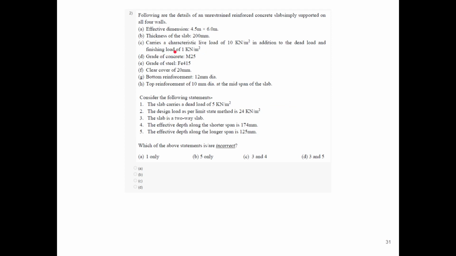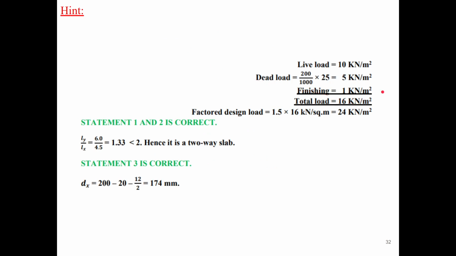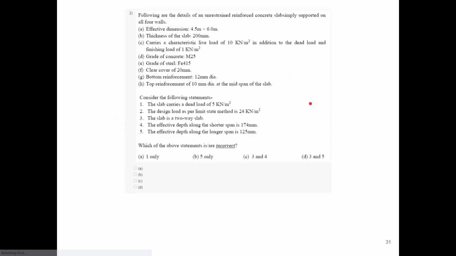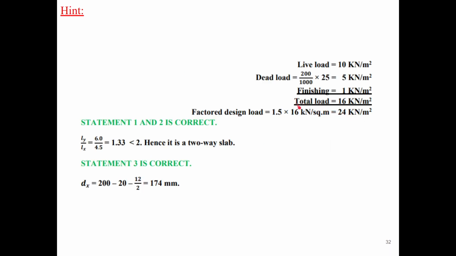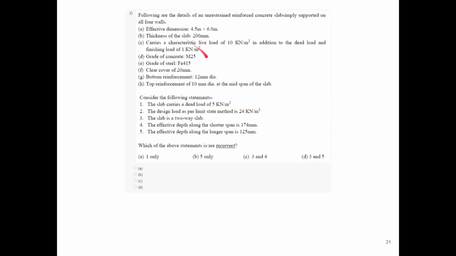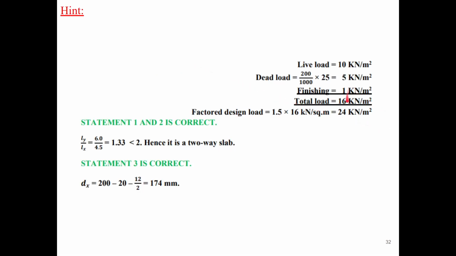So finishing is 1 kilonewton per meter square. So total dead load and live load combined will be 10 plus 5 plus 1, which is 16. Okay, 16 is the total load and factored load will be 1.5 into 16, that is 24 kilonewton per meter square.